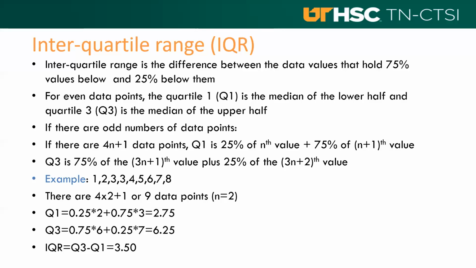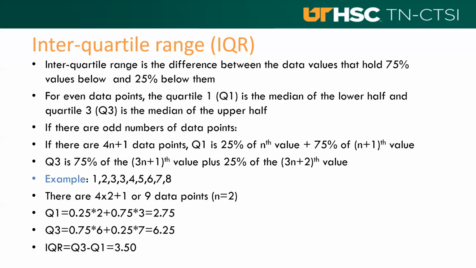The third quartile is 75% of the 3n plus 1th value plus 25% of the 3n plus 2th value. In this case, n is 2. And the first quartile is 25% of the second value, and the second value is 2 in this case, plus 75% of the third value, 0.75 times 3, and so the first quartile is 2.75.